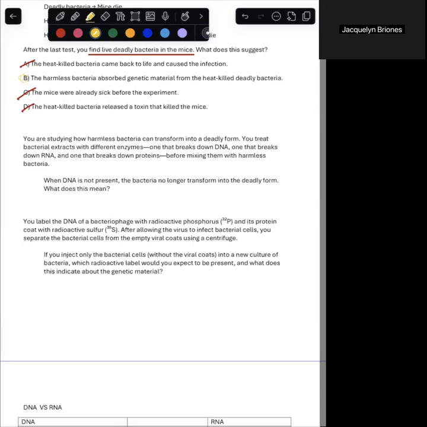So when DNA is not present, the bacteria no longer transform into the deadly form. What does this mean? This means that when separating the deadly strains' DNA, RNA, and proteins, we find the causative agent of transformation is DNA.